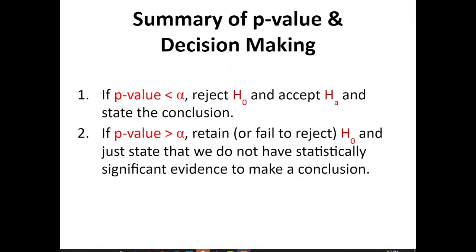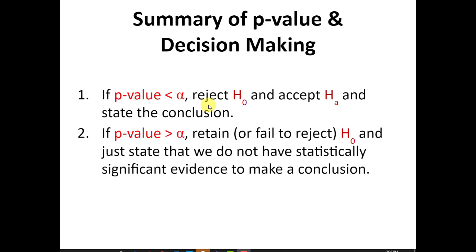Whether you're working with a two-tailed hypothesis test, a left one-tailed hypothesis test, or a right one-tailed hypothesis test, one thing is always true. If the p-value is less than alpha, then you should reject your null hypothesis and accept that there is sufficient evidence for it to be likely that the alternative hypothesis is correct.